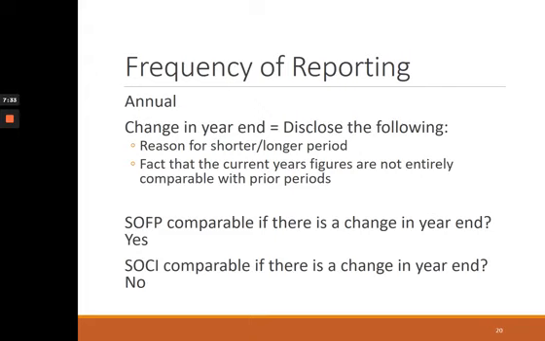So therefore, just bear in mind your statement of financial position may be comparable because it's comparing figures at a point in time, as opposed to your statement of comprehensive income, which would not be comparable, as it is a statement that reflects amounts accumulated over a period of time. So if it's prepared for different lengths of time, they would not be comparable.